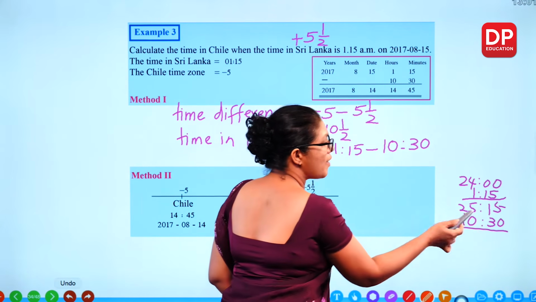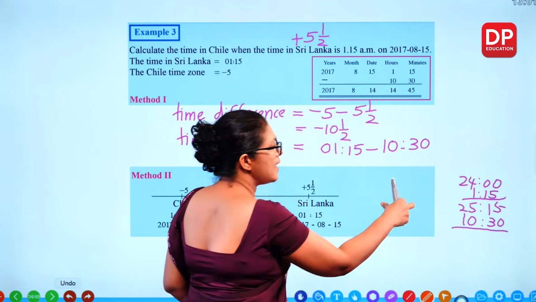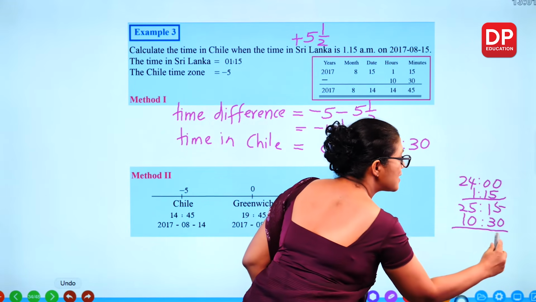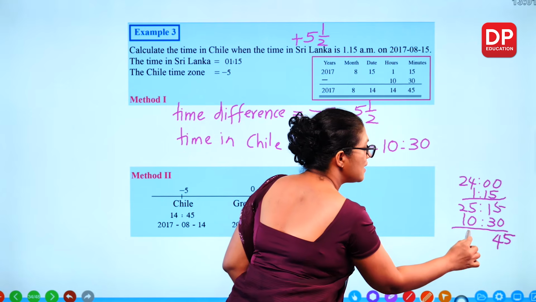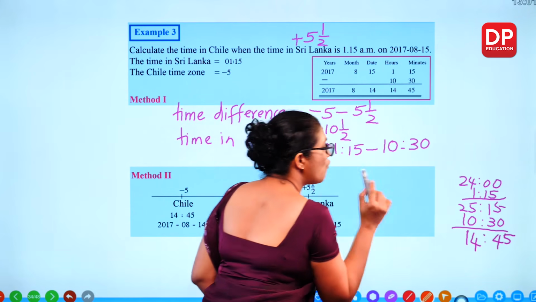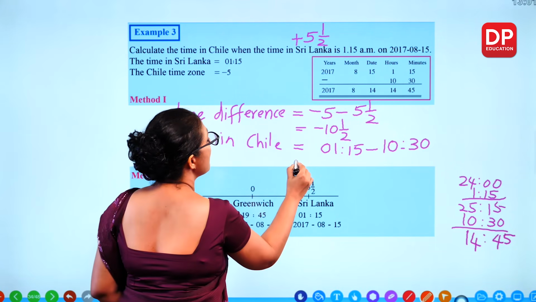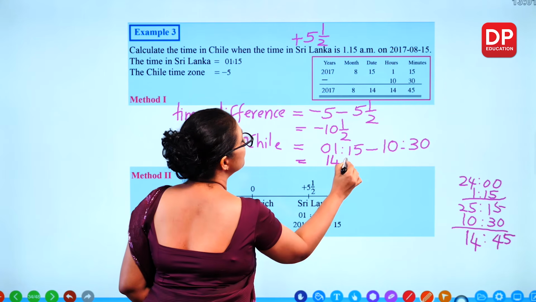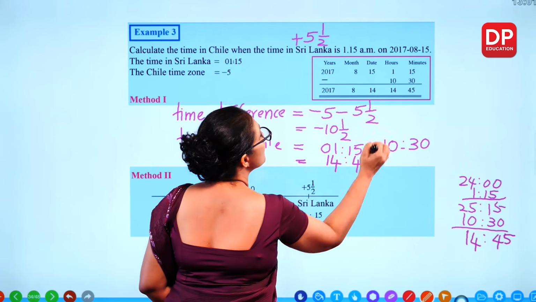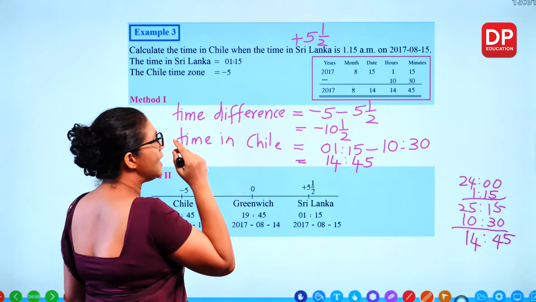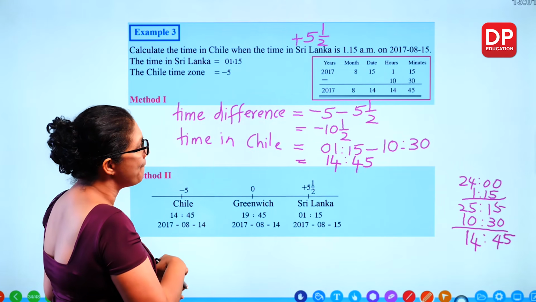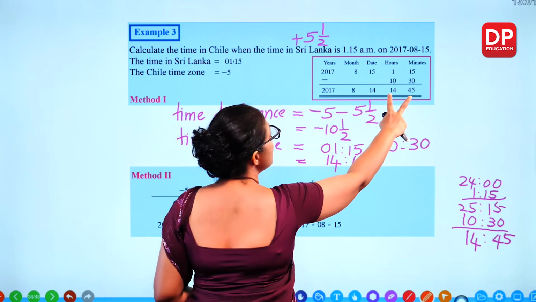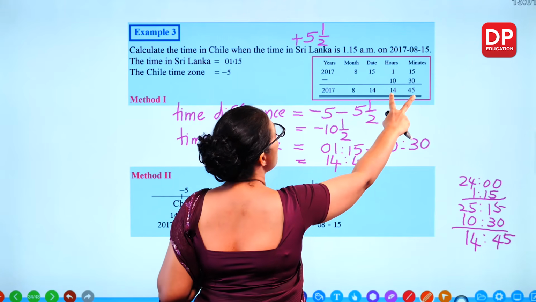So you can't subtract 30 from 15. Take 60. 75 minus 30, you get 45. 24 minus 10, 14. So that's 14:45. So 14:45 means 2:45 p.m. So this one is 2:45 p.m.